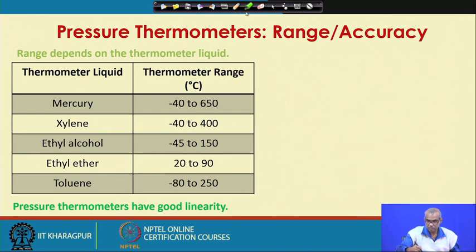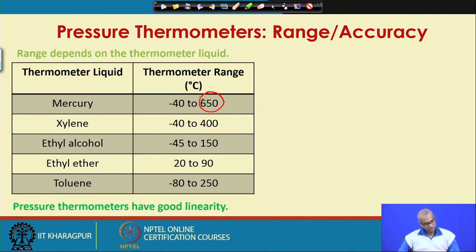Note that when you want to use mercury for as high as 650 degrees Celsius, you need to increase the pressure inside the thermometer bulb.